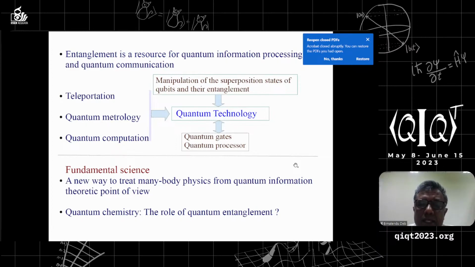All these aspects of the new quantum revolution lead to what is called quantum technology. On the fundamental science front, it is a new way to treat many-body physics from a quantum information theoretic point of view. Not only quantum physics, but quantum chemistry is also enriched with this new development. Then one may ask the question, what is the role of quantum entanglement in quantum chemistry, particularly in chemical reaction dynamics and so on.